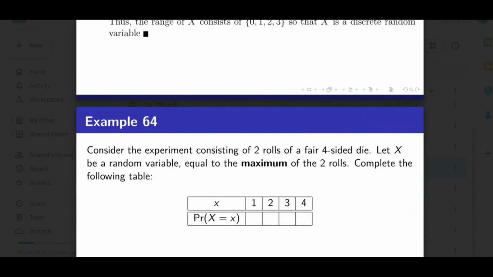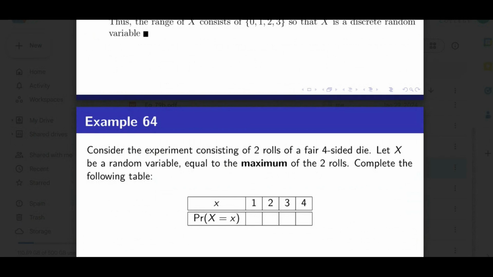You can discuss with your friends if you want. So now you roll 2 rolls of a fair four-sided die. So the die is like a pyramid. I kept it at 4 because I didn't want you to do too many calculations. So you have a four-sided die, and then X is the random variable equal to the maximum of the 2 rolls.